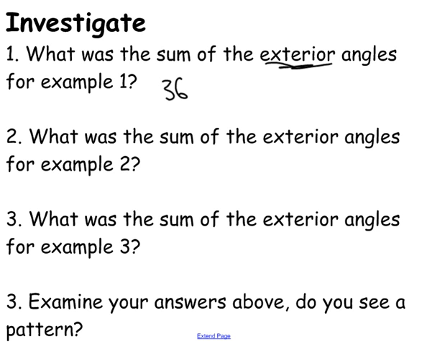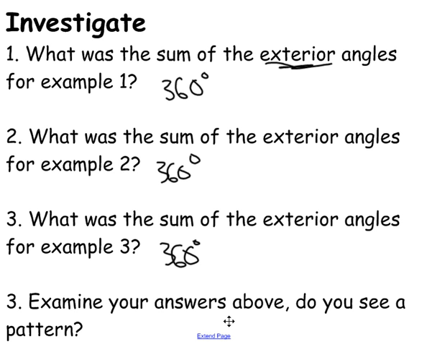So if you add the exterior angles for example 1, you get 360. Go back and add the exterior angles for example 2. You should also get 360. Go back and add the exterior angles for example 3. You'll also get 360. Examine your answers above.